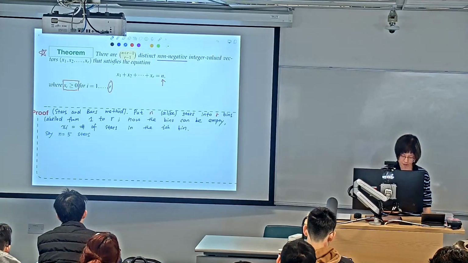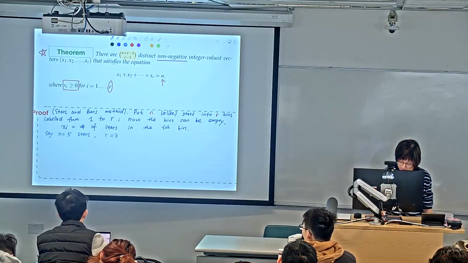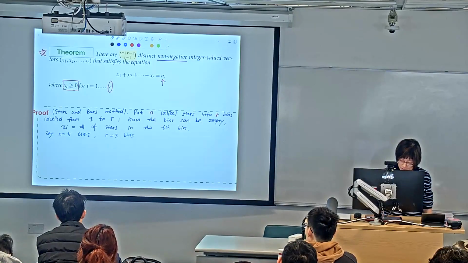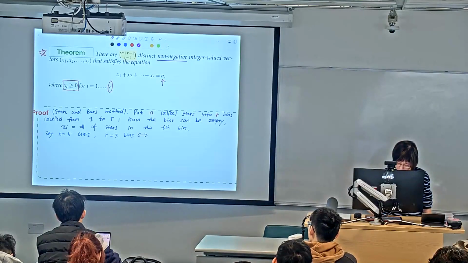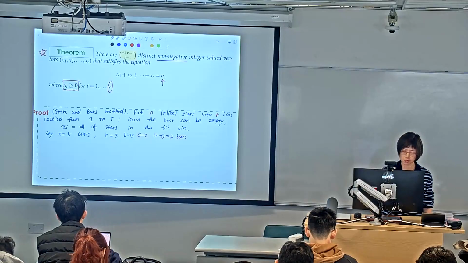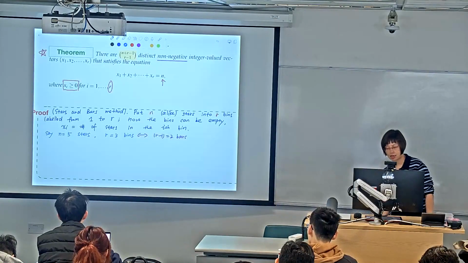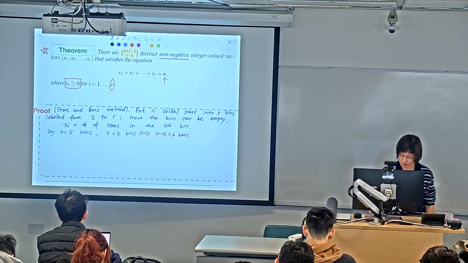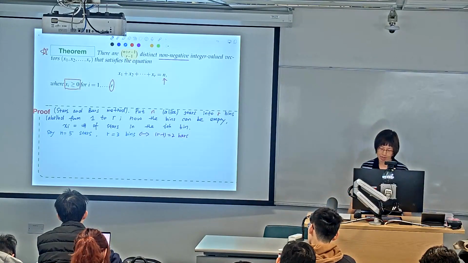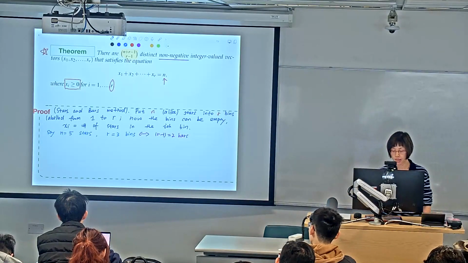Say we have 5 stars and R equals 3 bins. And this always corresponds to R minus 1, here equals 2 bars. Now we want to check how we can arrange the stars and the bars such that this will work. So maybe I draw some examples.